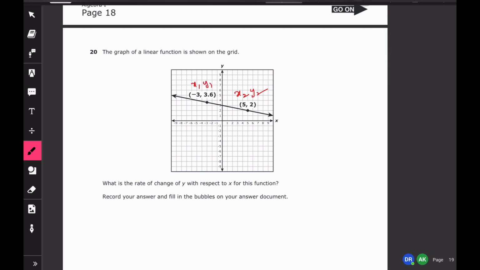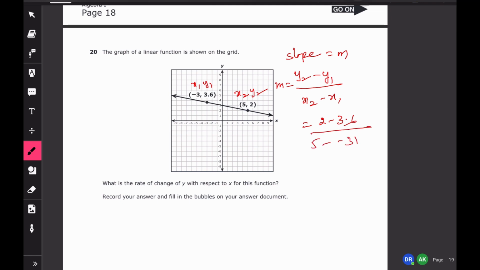The slope is m, so m is equal to y2 minus y1 divided by x2 minus x1, which is equal to 2 minus 3.6 divided by 5 minus minus 3.